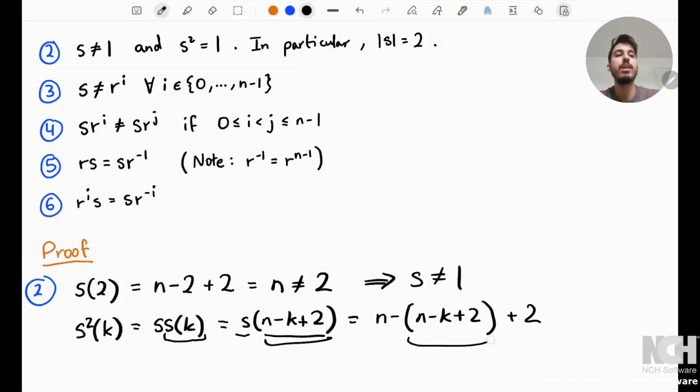So this is my new k, if you will. And now this is equal to n minus n plus k minus 2 plus 2. The plus 2 and the minus 2 are cancelled. The n minus n are cancelled. And all we're left with is k. So k is transported to k. And that all makes sense. It's very natural to see that when we are reflecting twice, we are going back to where we were.